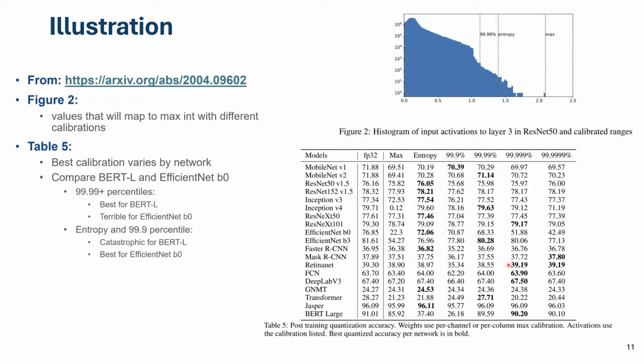And you will see that there's not a single column that has all the bold values. They're spread out, which is a bit unfortunate because that suggests different calibration methods mesh differently with various neural networks. That's what made integer quantization more complicated to use: there was not a very straightforward mechanical recipe you could follow. You would have to evaluate various things to see what worked best for the particular network.